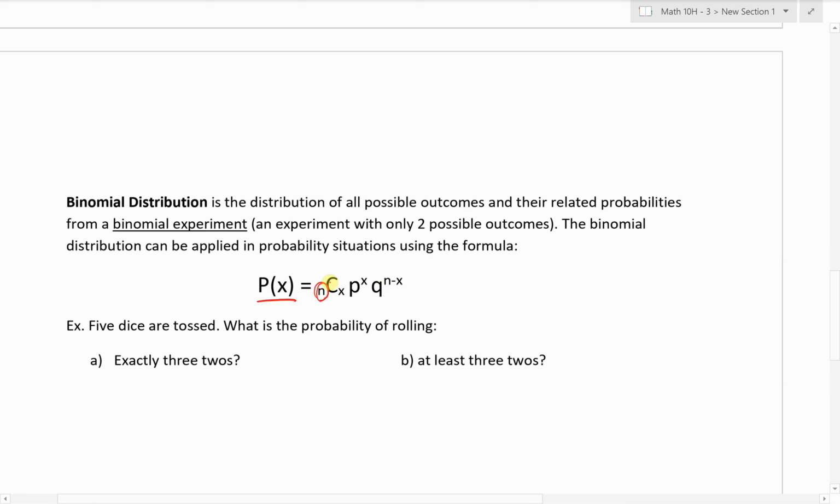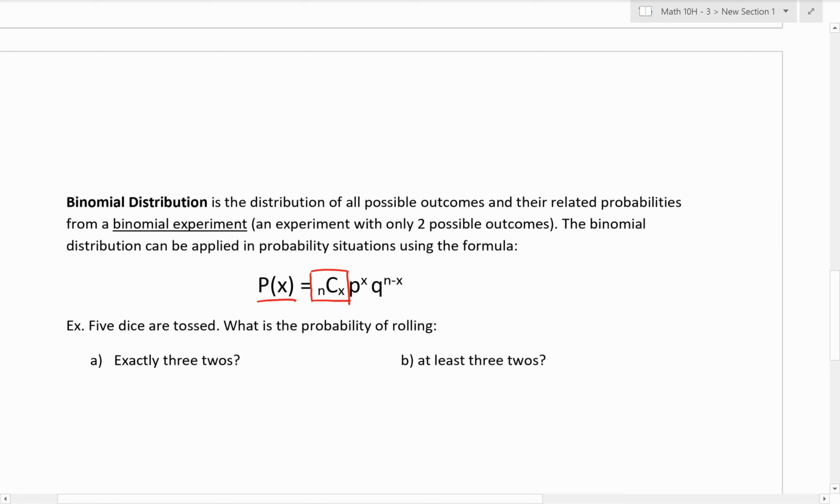And this C here, this nCx, is a button on your calculator. If you learn about permutation or combination, if you actually learn the probability units, then you'll see this button. Unfortunately, this is taken out of the pre-calc stream of math, so you won't see this anymore in pre-calculus, but it is definitely on your calculator.